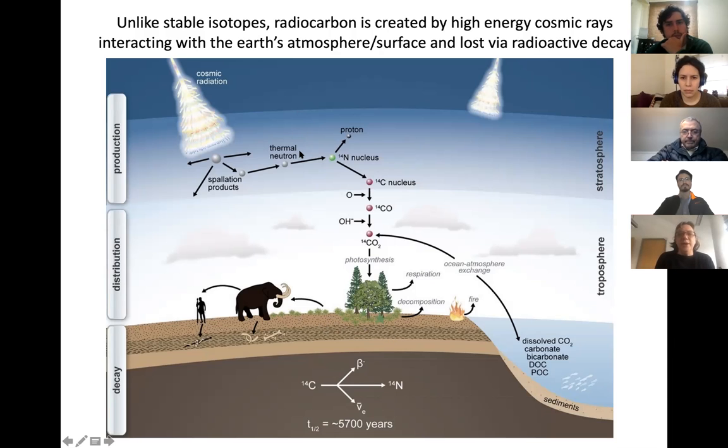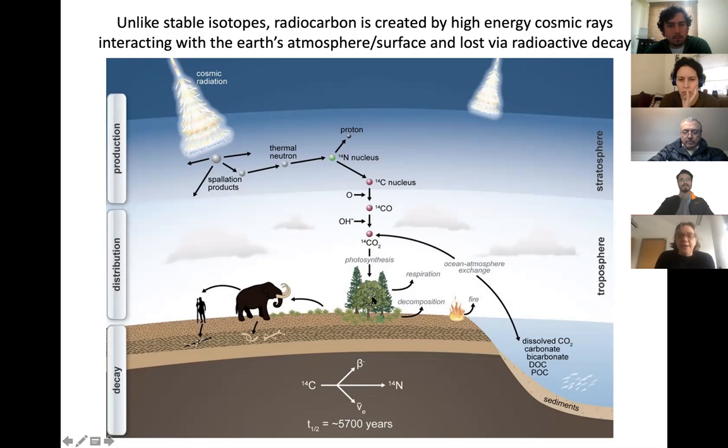So radiocarbon is one of several what are called cosmogenic nuclides. Here, you break a nucleus apart, and one of the neutrons in it will eventually have the right conditions to knock a proton out of a nitrogen-14 nucleus. Because it's lost a proton, it's no longer nitrogen, it becomes carbon, but it has the same mass because you've replaced a proton with a neutron. Once the carbon-14 is made, it gets oxidized to CO2. It can then enter the Earth's carbon cycle from the atmosphere.